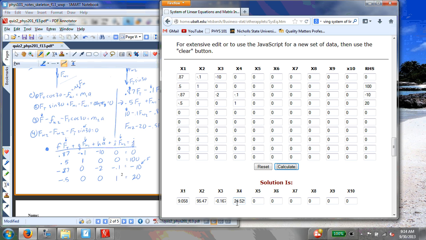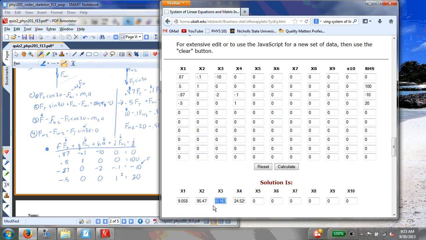Now, I made a mistake when I solved the system of equations and gave you the wrong tension. I told you that the tension in the string was 8.152, but notice that the tension in the string Ft is actually 9.058. But there's also another problem. The acceleration here is negative 0.167.